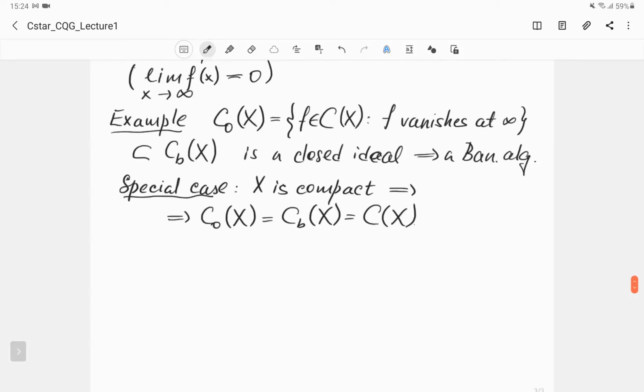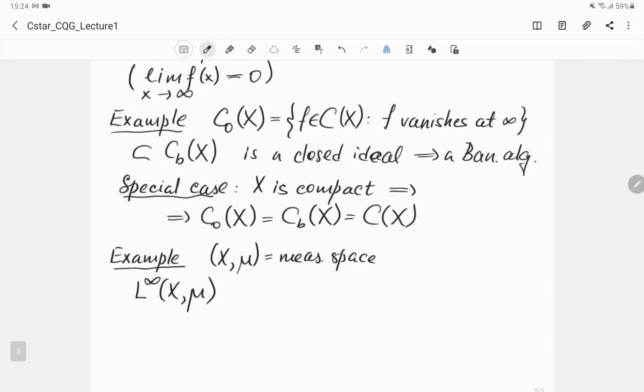The next example is the L-infinity algebra. So suppose that we have a measure space (X, μ), and we consider the space L^∞(X, μ), which consists of essentially bounded measurable functions on X, or more exactly of equivalence classes of essentially bounded measurable functions.